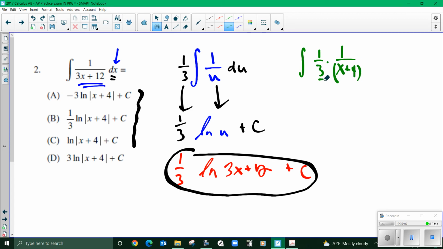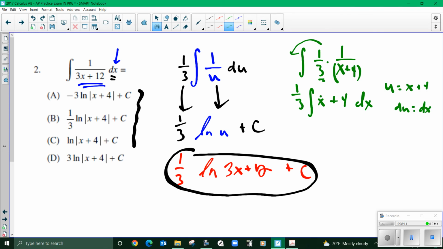They factor the 3 out of the bottom, right? And the 3 will still stay in the bottom, so it's like having 1/3 by itself. They pull the 1/3 out here and call it 1/3 integration of 1 over x plus 4 dx. Now they say u is x plus 4, du. Well, that's just 1 dx.